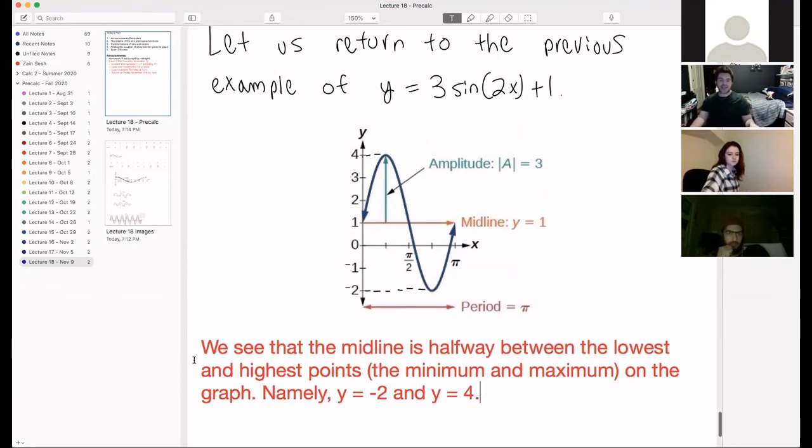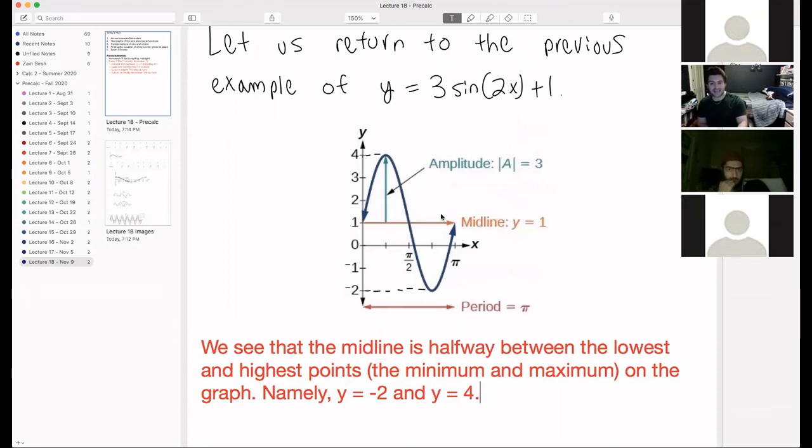Again, the midline sits exactly halfway between y equals -2 and y equals 4, right in the middle of those two points.